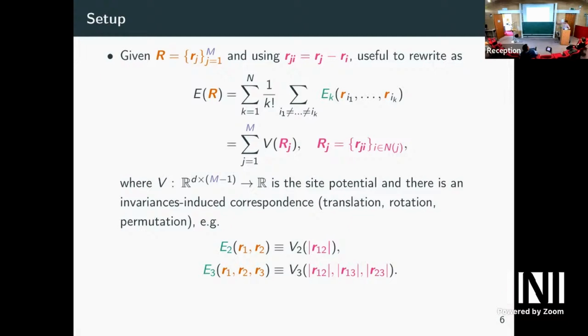And for three body terms, all that enters is either just the distances between the triplets of atoms, or the distances between some central atom and the other two atoms and then the angle between them. But to make it easier, I just use the distances between the three.